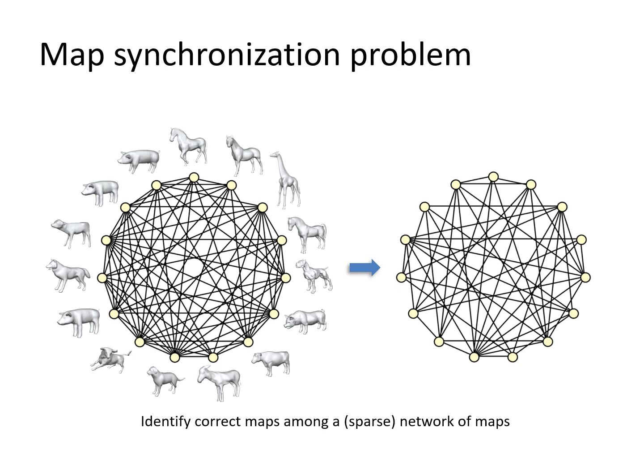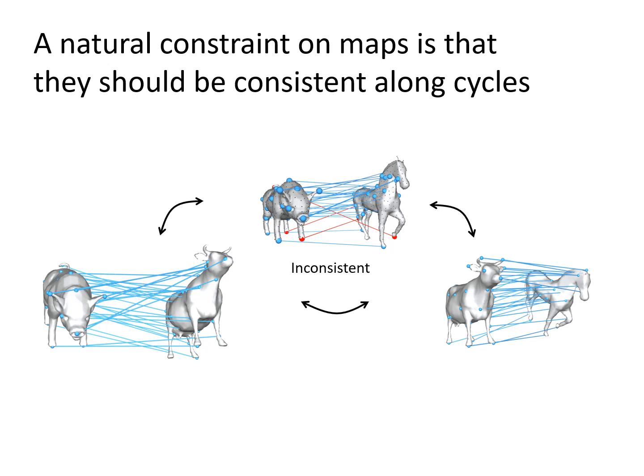Of course, we need some additional signal, additional supervision, to make this possible. Thankfully, if we consider a network of maps, there is a natural constraint which says that if you compose maps on a cycle, you should get the identity map. This is true no matter how the maps are represented.